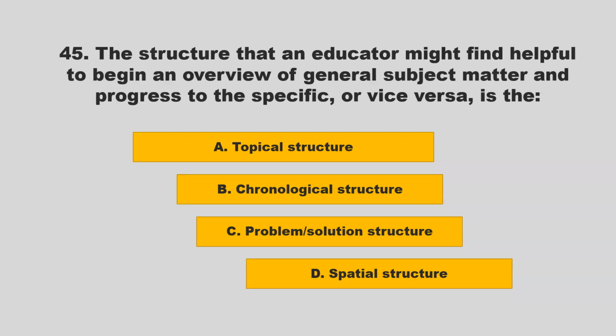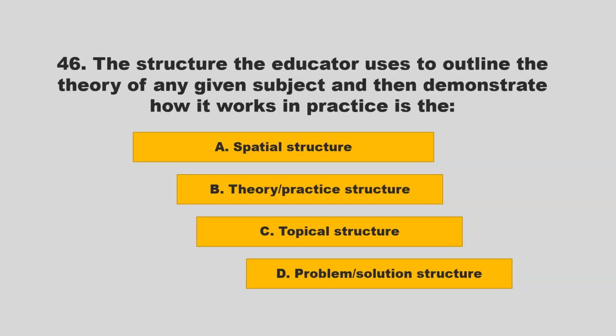The structure that an educator might find helpful to begin an overview of general subject matter and progress to the specific or vice versa is the topical structure, chronological structure, problem solution structure, spatial structure. If you chose D, spatial structure, you are correct.